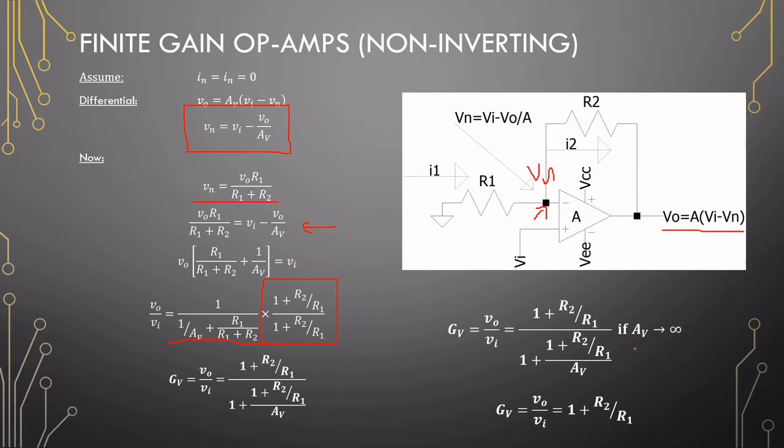So once again, if we make the amplifier's gain infinite, we end up with 1 plus R2 over R1. So we use these equations to compensate for the amplifier not having infinite gain.